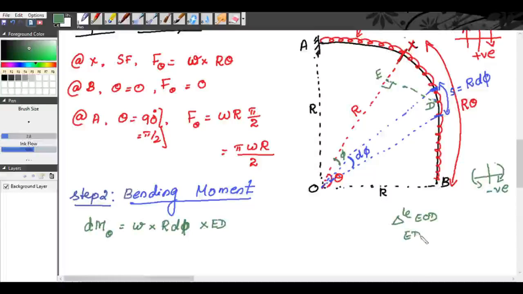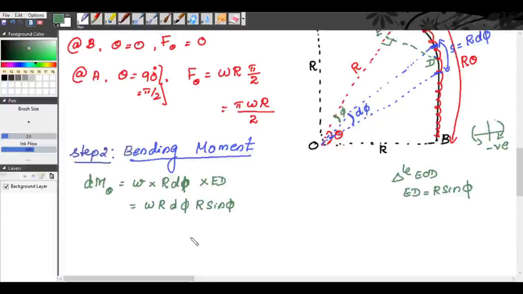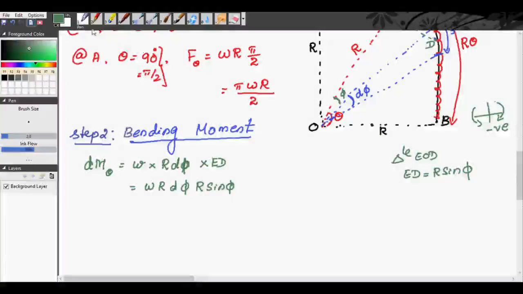You will get ED is equal to R sin φ. So we get wR dφ into R sin φ. So now from this we will find what is M theta, the bending moment with respect to theta.